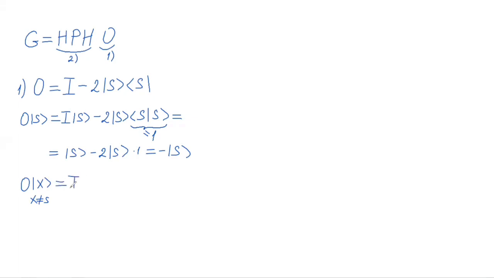And it will be the identity matrix times X minus 2 |S⟩⟨S| and X. So this is the scalar product of S and X. Those are different orthogonal vectors, so their scalar product is equal to 0. And therefore, here we have vector X minus 0, which is equal to X.